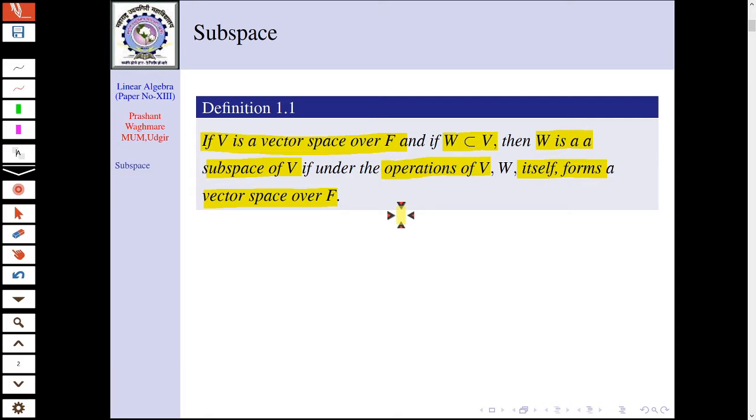Now there is one condition. By using that condition, one can check whether the given subset of a vector space is a subspace of V or not. As we have learned in group theory, a non-empty subset H of a group G is a subgroup if and only if it holds two properties, closure property and inverse property.